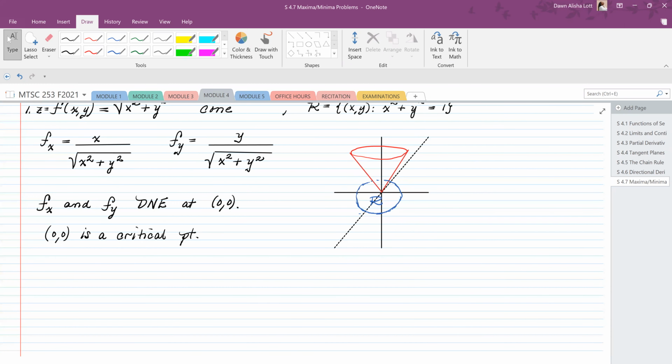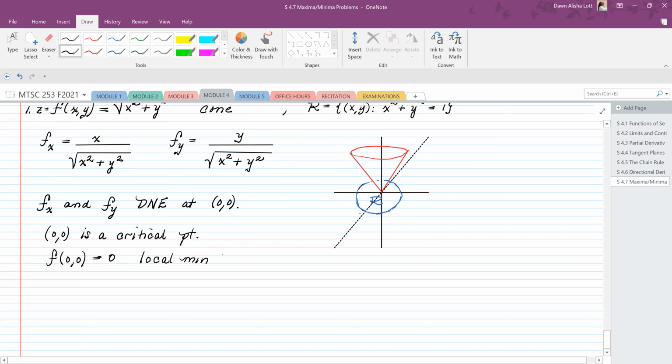All right. So inside R, that's the critical point. And f of 0, 0 is equal to 0. And this is our local min. It's actually an absolute min.